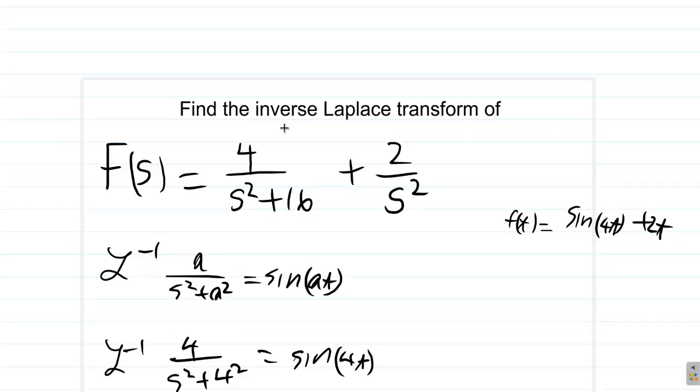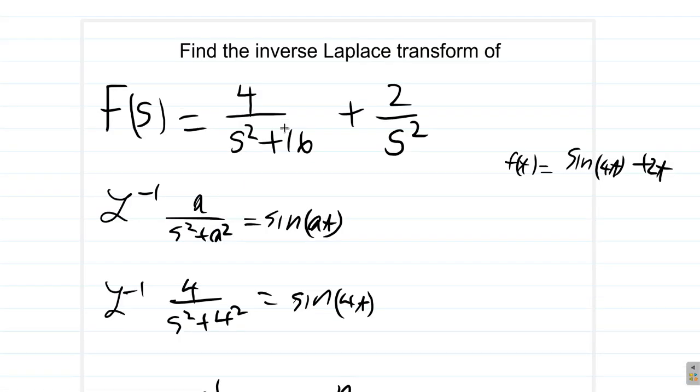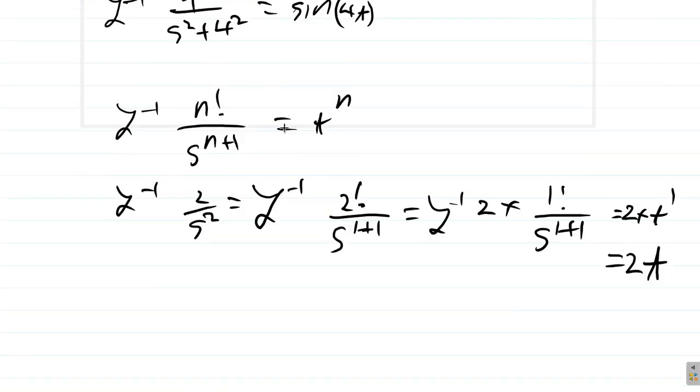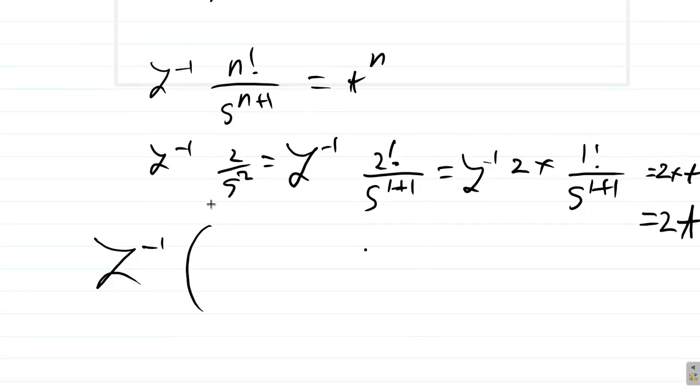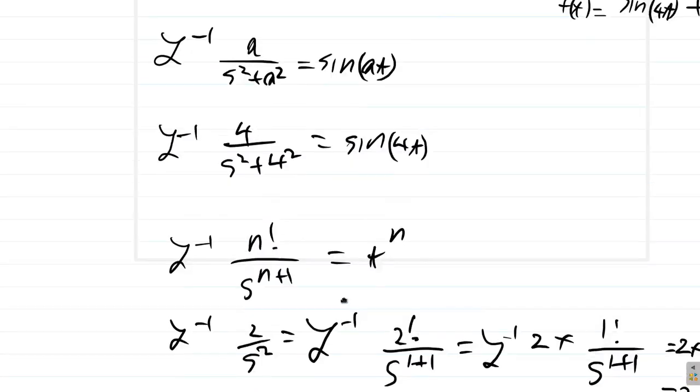Alright, so the inverse Laplace of everything, F of s. The inverse Laplace of 4 over s squared plus 4 squared. They give you a 16, so let's just write it as 16.